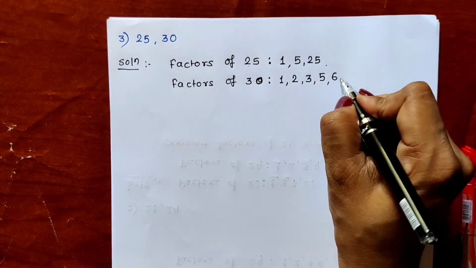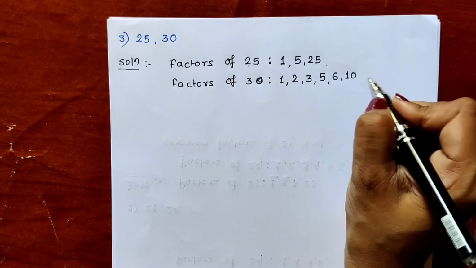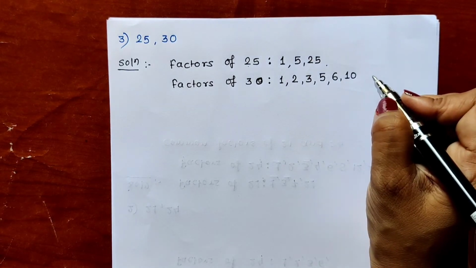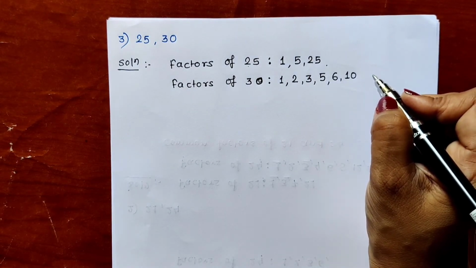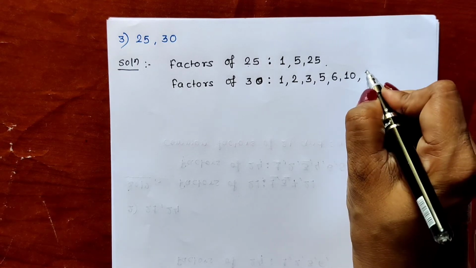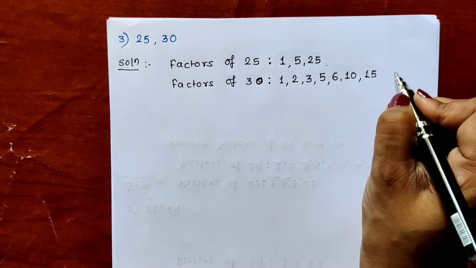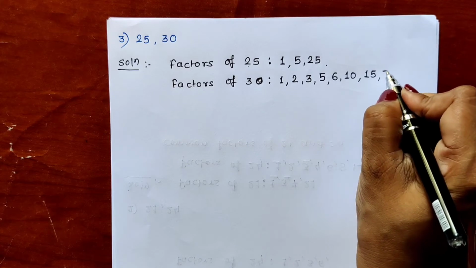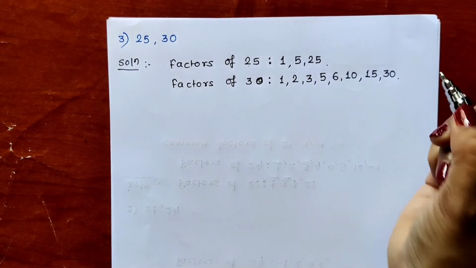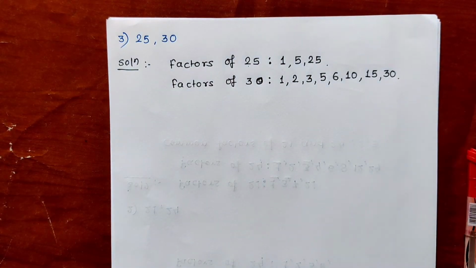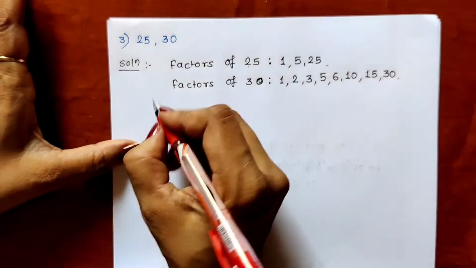No, directly by 10. 10 3s are 30. Is it divisible by 11, 12, 13, 14? Directly by 15. 15 2s are 30. And then it is directly divisible by 30. So now write the common factors.